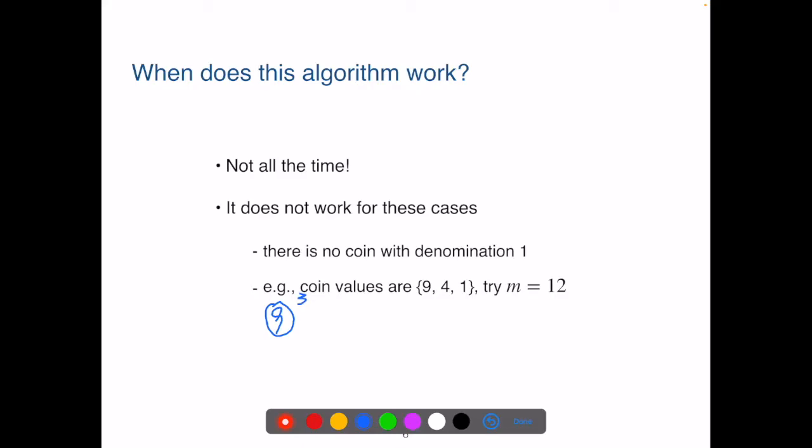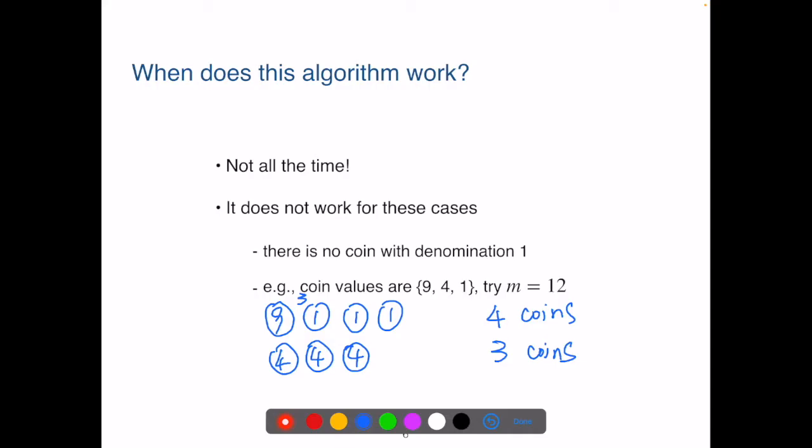So the algorithm will take 3 1-cent coins. So we'll be using 4 coins in total. However, for the target value 12, we know that we can take 3 4-cent coins, and we only need to use 3 coins in total. So the greedy algorithm does not provide an optimal solution.